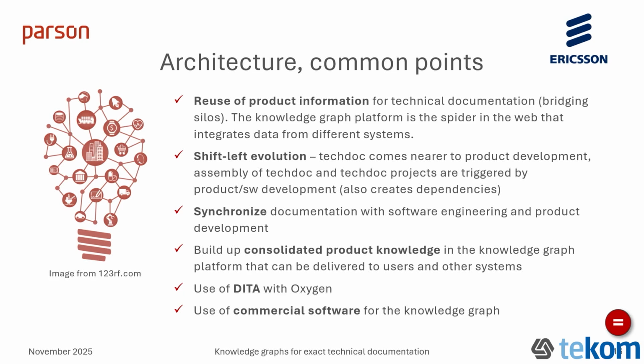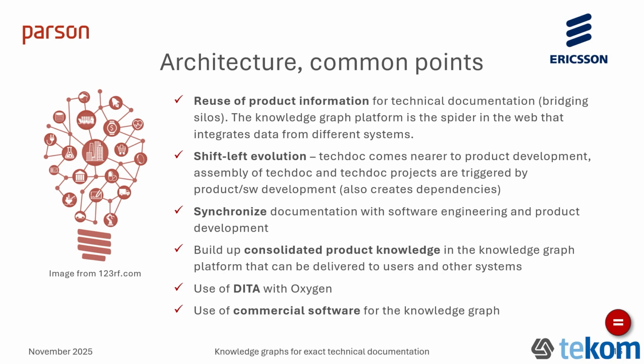Yeah, so if we try to summarize the similarities, common is that we want to reuse product information for technical documentation, bridging silos, being that a CMS and all kinds of databases. And the knowledge graph sits in the middle to integrate data from different systems.